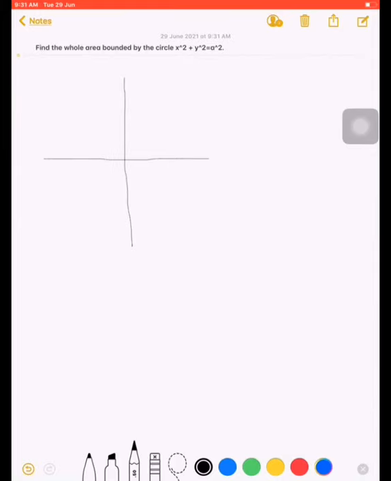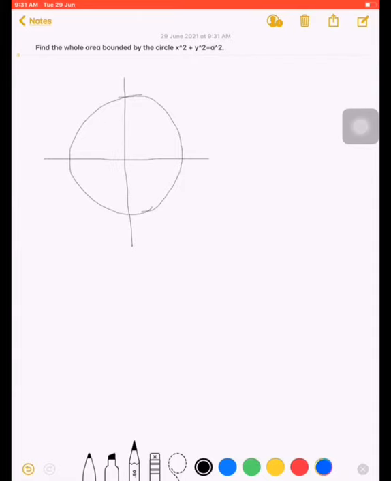So the center will be at 0, the point of origin. It will be like this. Sorry about my drawing. Assume that it's a circle.